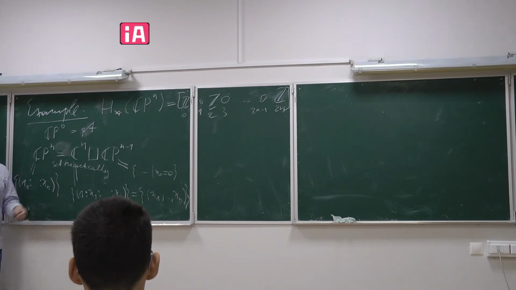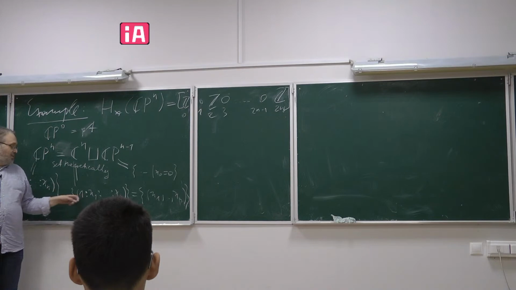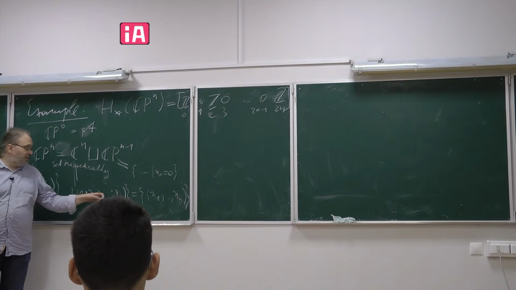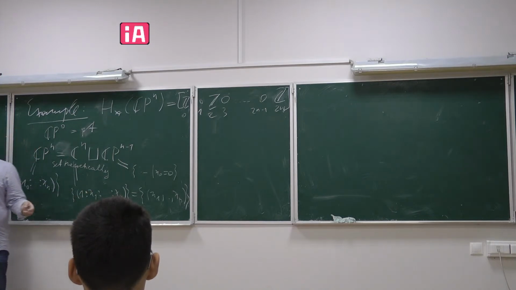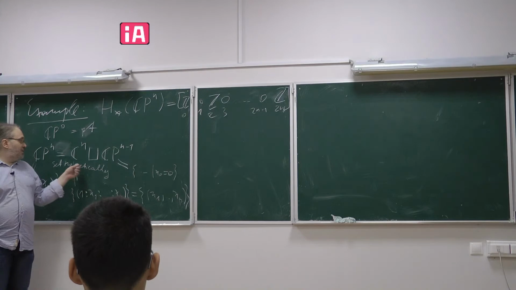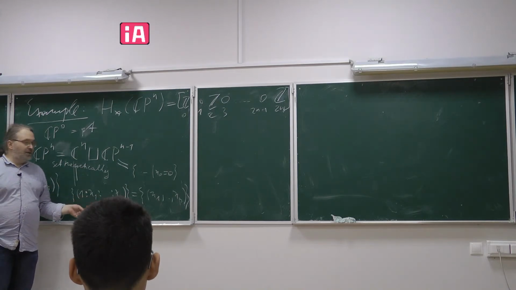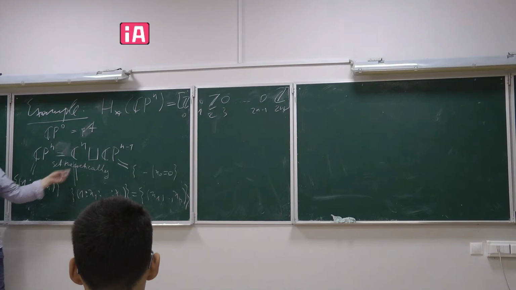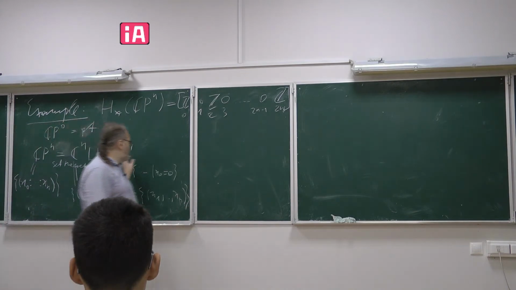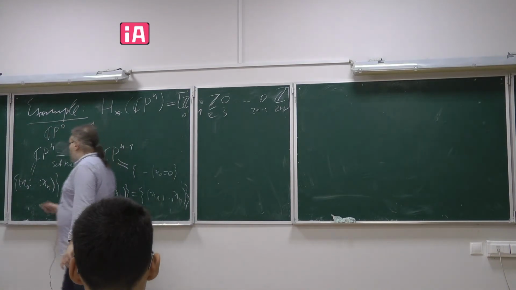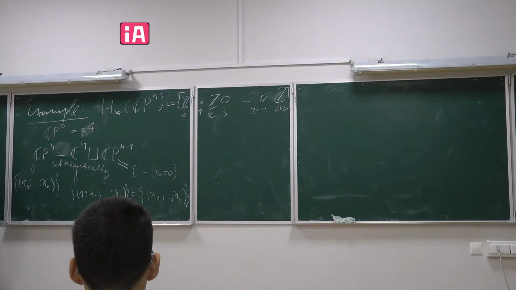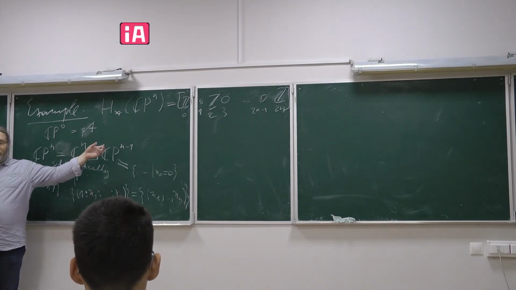If it's non-zero, by multiplying or dividing by this coordinate, we get 1 at the first place, and then all other coordinates are uniquely determined. So this thing is in fact C^n, and likewise, if we set x_0 to be 0, we get another CP^something, but the something is n minus 1.